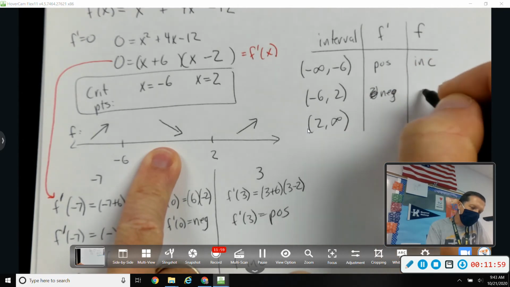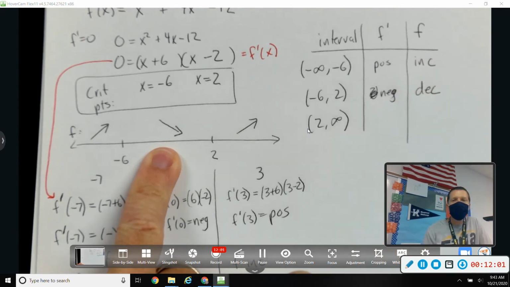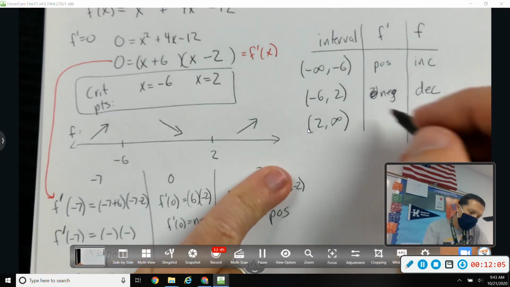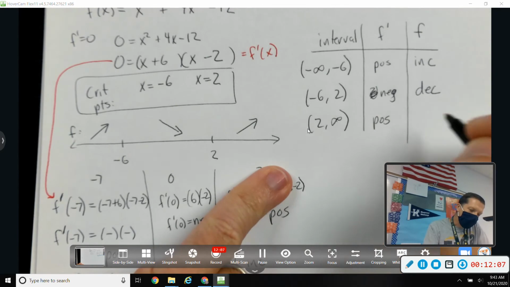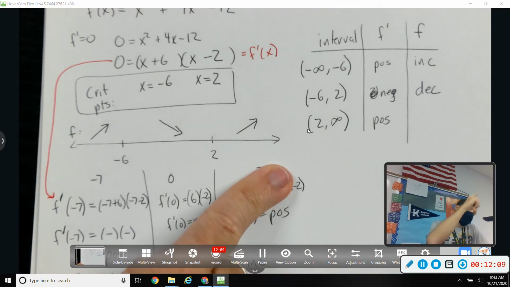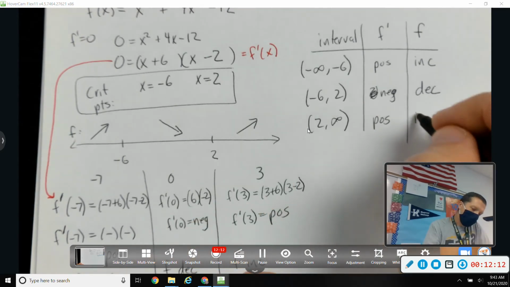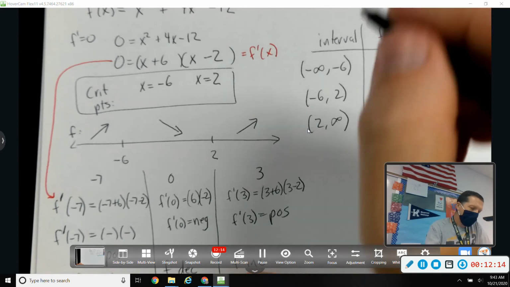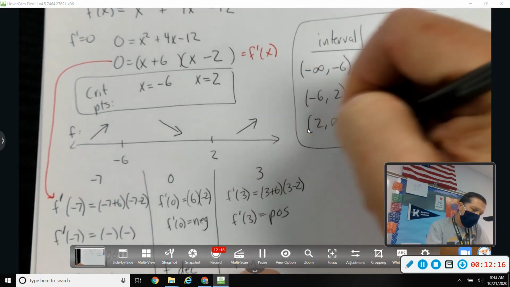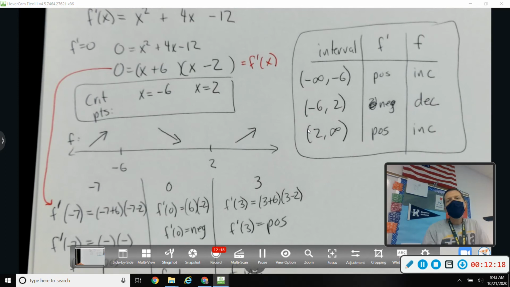If the derivative is negative, that means the function is decreasing. And then the last interval, the derivative is positive, so the slope is positive, so that means it's increasing. So that's the second part of the answer, the increasing and decreasing intervals.